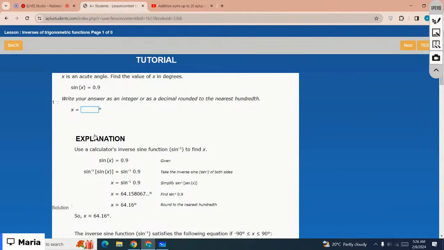X is an acute angle. Find the value of x in degrees, right? How do we calculate the inverse values? Basically, you are given sine x equals 0.9. You need to calculate the value of x. How do you calculate the value of x?